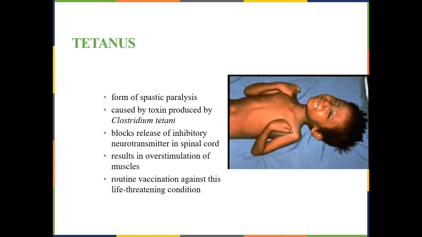So this inhibits the inhibitory neuron from releasing neurotransmitter to stop the somatic motor neuron. And this will lead to muscle contraction that is sustained, known as tetanus, and that can be very, very dangerous, life-threatening.